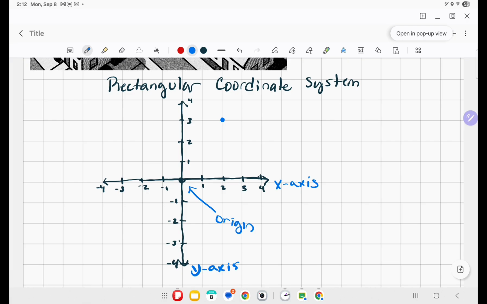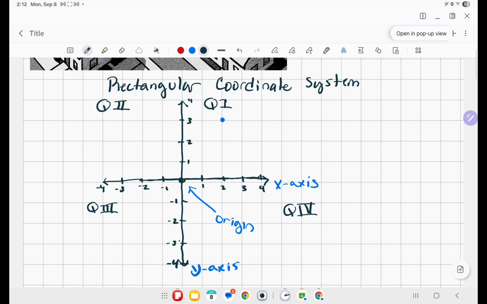I've got to tell you something. These axes divide this plane into 4 parts called quadrants. We label them as so. This is quadrant I, quadrant II, which is 2, quadrant III, which is 3, and quadrant IV, which is 4.